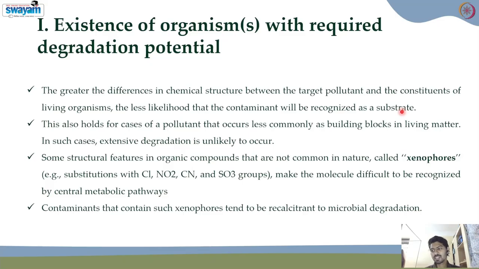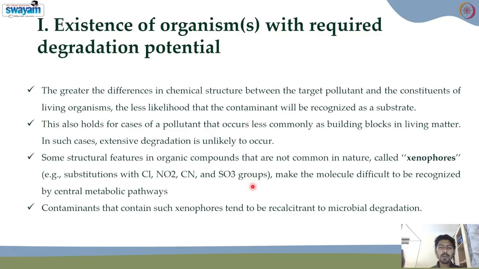If the chemical structure is more complex, the microorganism will always regard it as foreign, fail to recognize it as a carbon source, and not degrade the contaminant. That is why, as we see in the example, the plastic or the chlorinated solvents are complex substances. As I told, they contain unusual groups like Cl, NO2, CN, or SO3 groups.